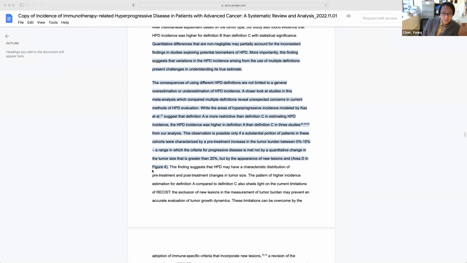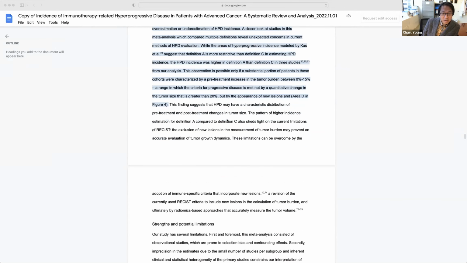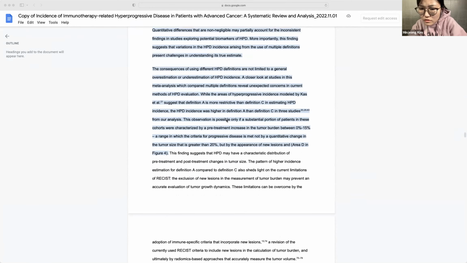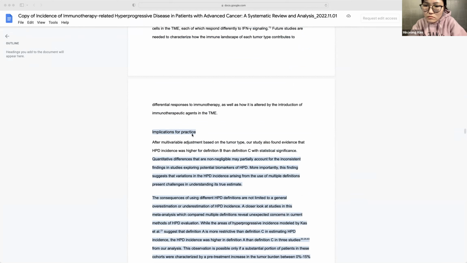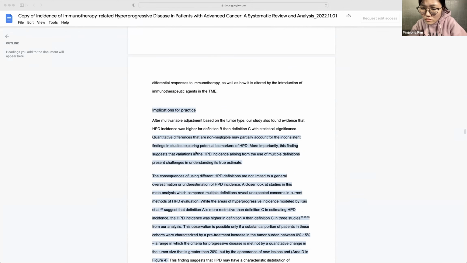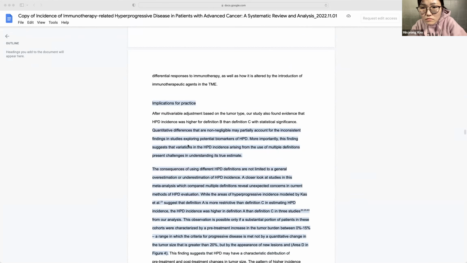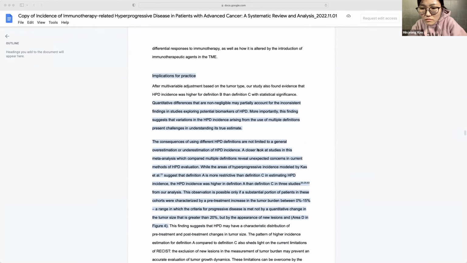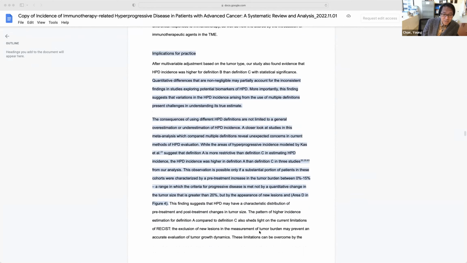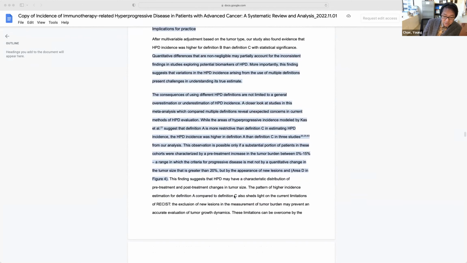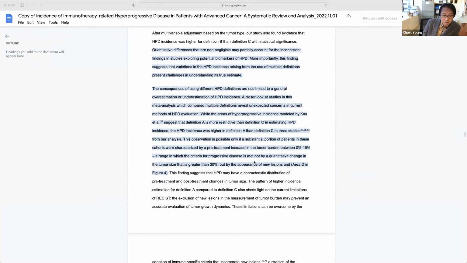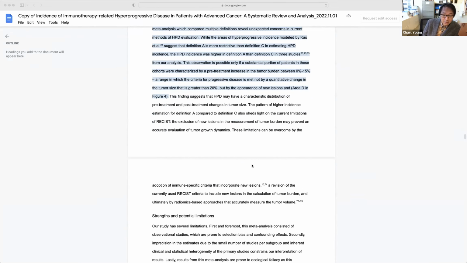Oh, area D. But that part is not too different. Implication for practice. So yeah, explaining why these definitions are different and, by graph, how do you show that? Okay.